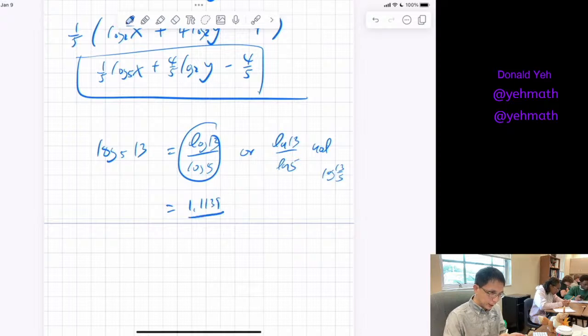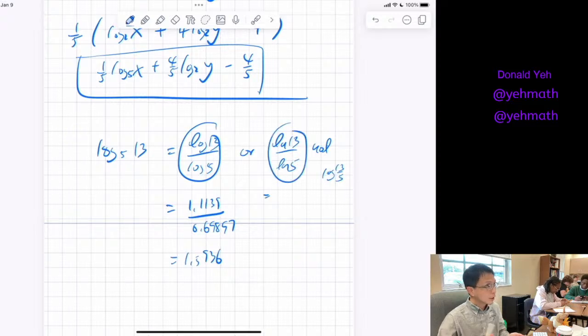And by log, that's 0.69897. And it'll be 1.1139 divided by 0.69897. It should be 1.5936. And you can try this one. It should come out the exact same number if you're using a calculator correctly.